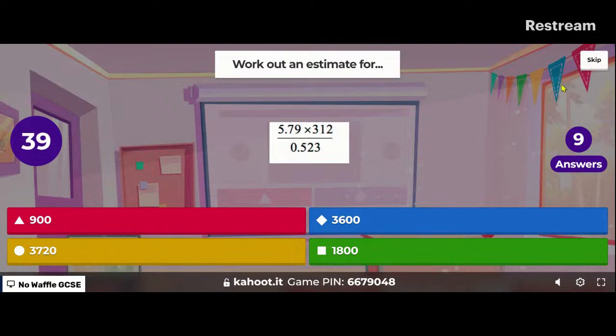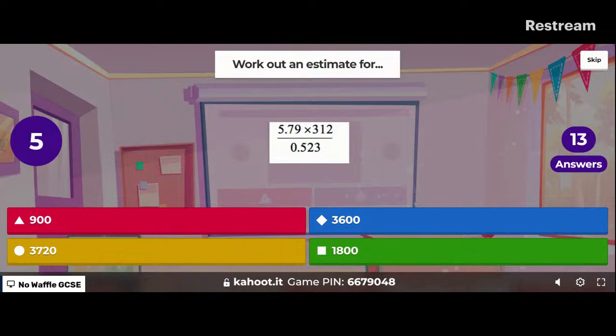And 9 questions for the third game, which is on the screen. This is for higher tier, but some of the questions, people are saying, are applicable for foundation.